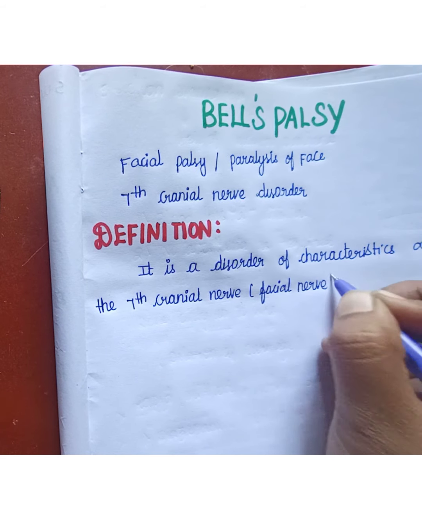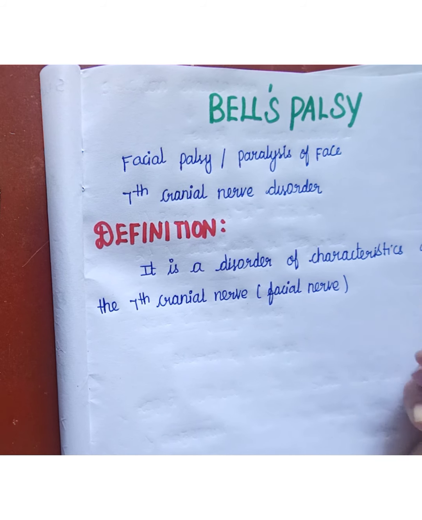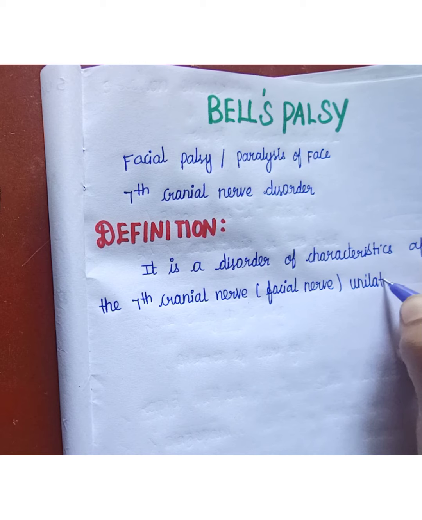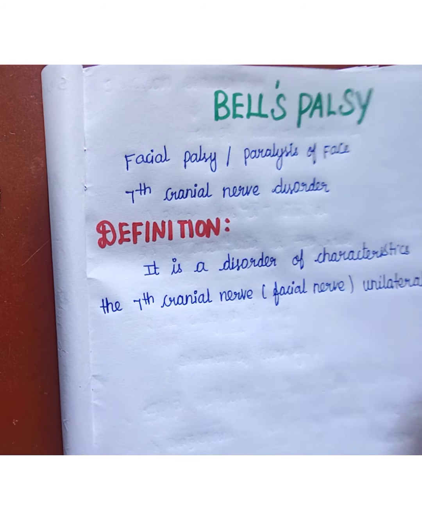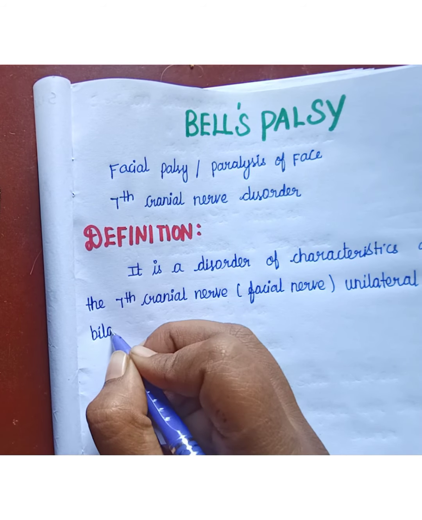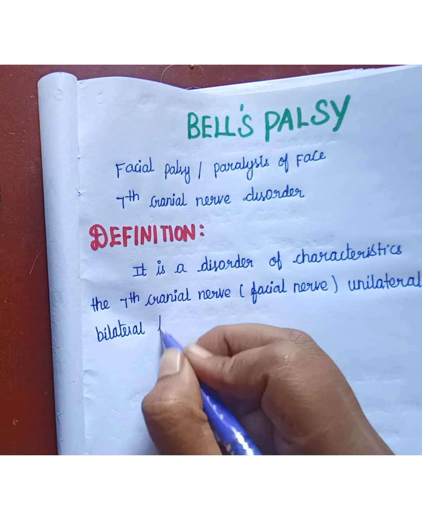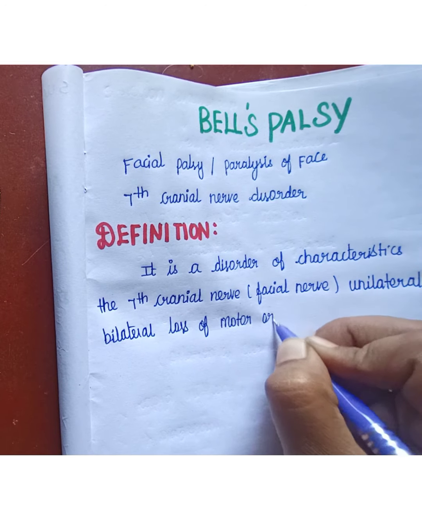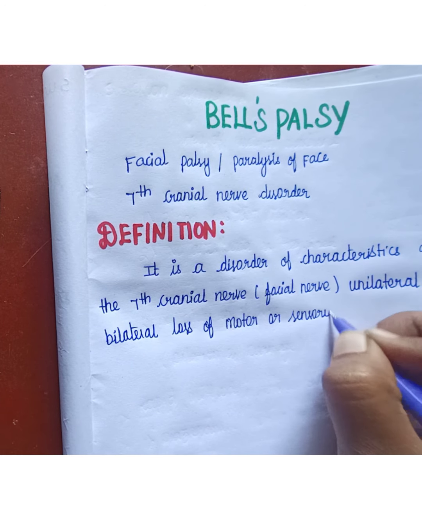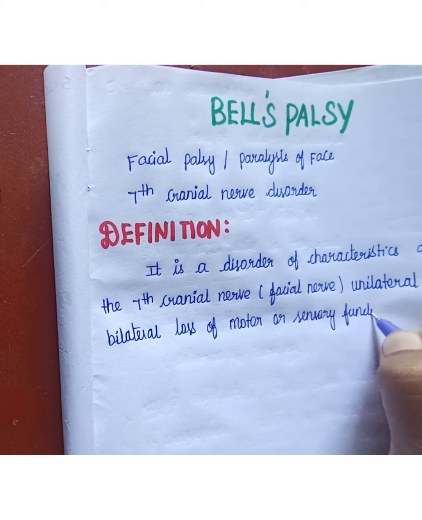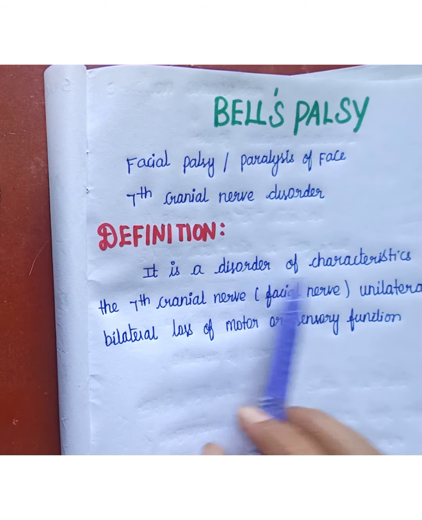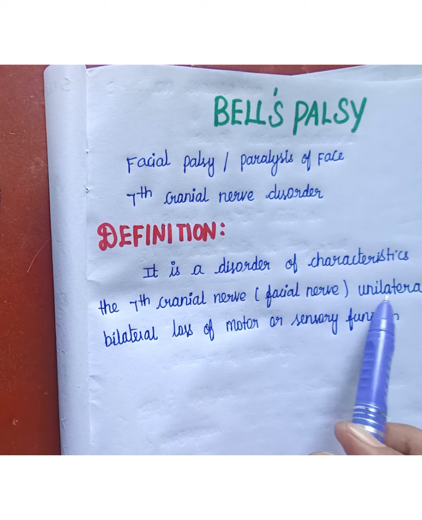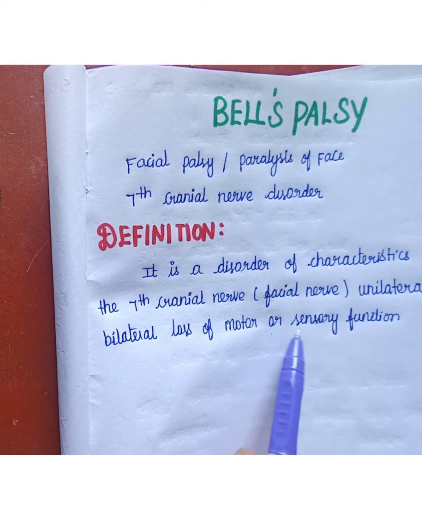It affects either unilateral or bilateral loss of motor and sensory function. So it is a disorder which affects the seventh cranial nerve, which is a facial nerve, and there may be a unilateral or bilateral loss of motor and sensory function.